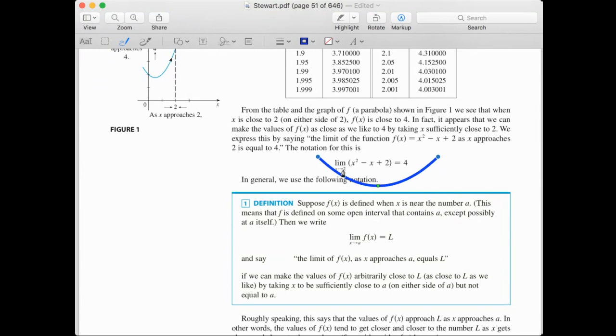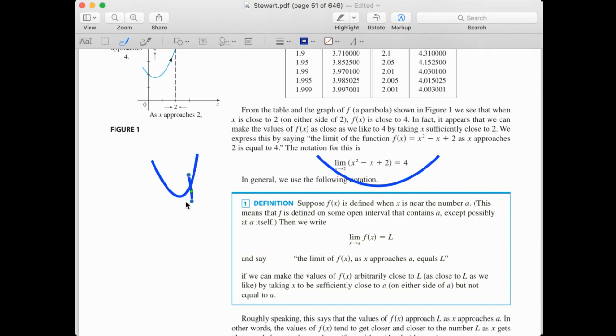What's the limit as x approaches 2 for this quadratic function? Well, we know this quadratic function happens to be an upward parabola, right? When x equals 2, somewhere here, what happens? It's continuous. 2 is in the domain of this function.